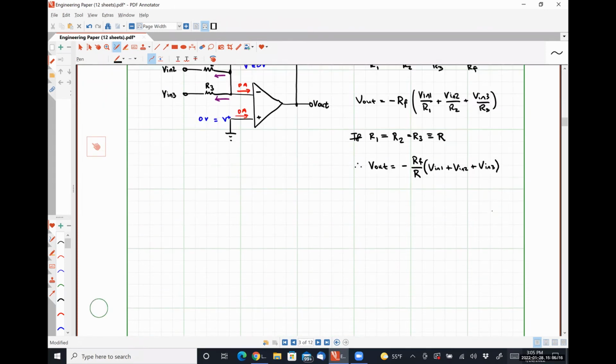So I'm not going to put a name on this one yet because I always get them mixed up. So we're going to derive it first, and then I'm going to tell you what it is after we figure out how it behaves. So let's start with this guy. So at first, it's going to look like an inverting amplifier.